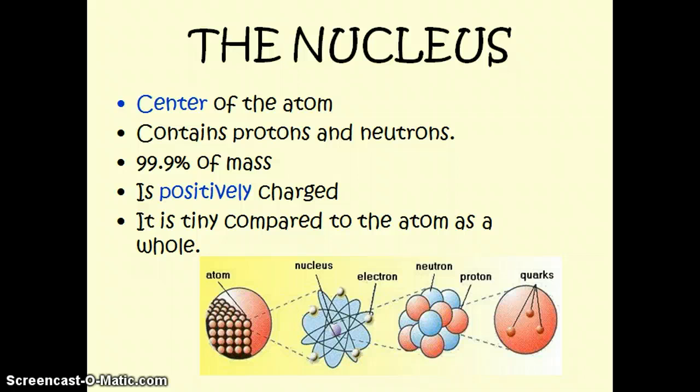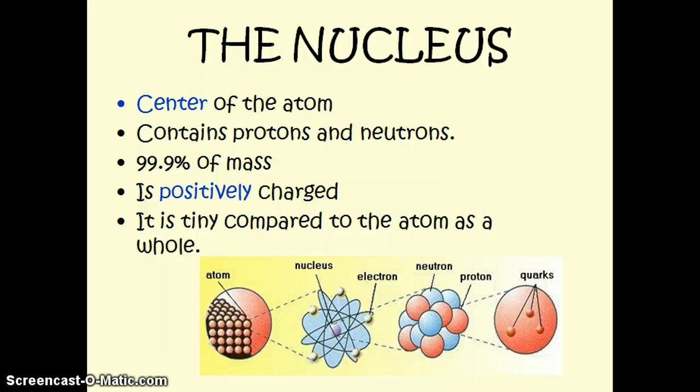So these are incredibly dense areas of the atom. In fact, if a nucleus were the size of a ping pong ball, it would weigh something like a car. So we're talking about something that is incredibly dense and incredibly massive on a relative scale.